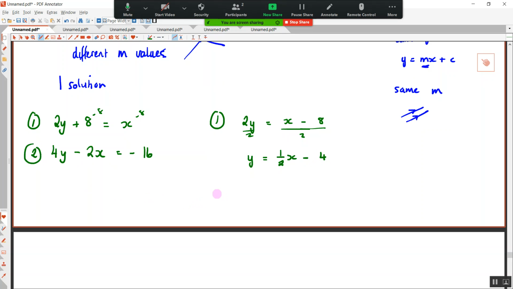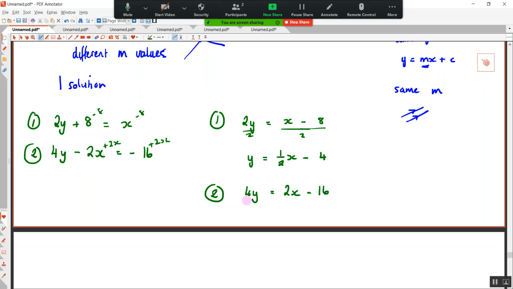What happens when I do that? So number 2 is, let's do the same thing. So I'm going to add 2x to both sides. That gives me 4y is equal to, I'm going to write it 2x. I'm going to write it that way around if you don't mind. Are you right with that?